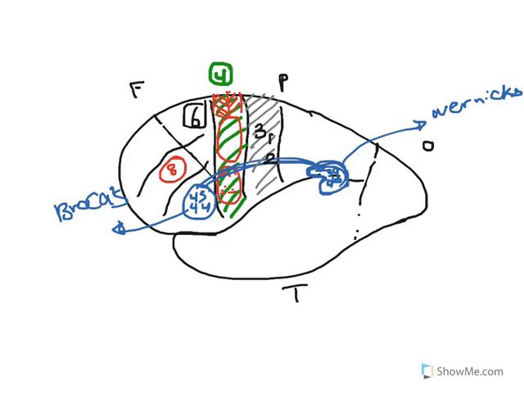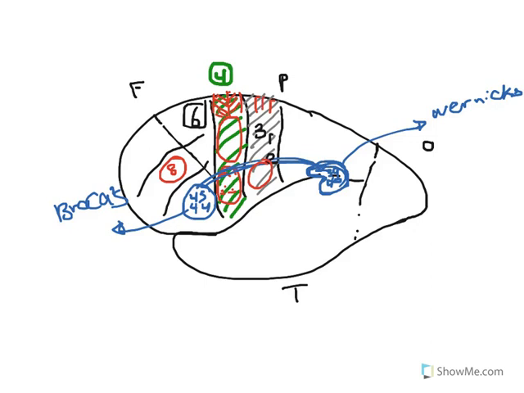The postcentral or sensory area 3, 1, 2 is the primary somatosensory area of the body. Also, the body is represented upside down, as in the representation of the motor area.